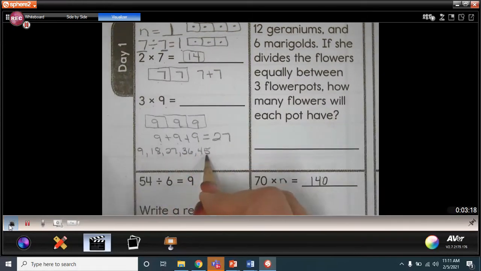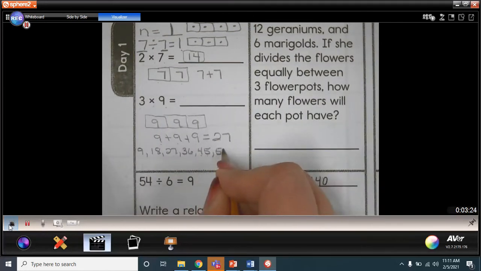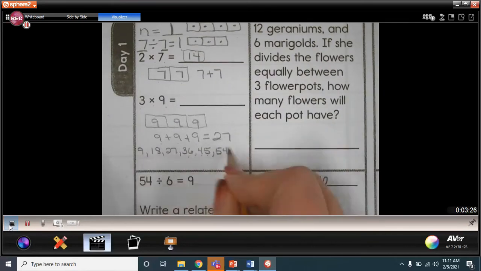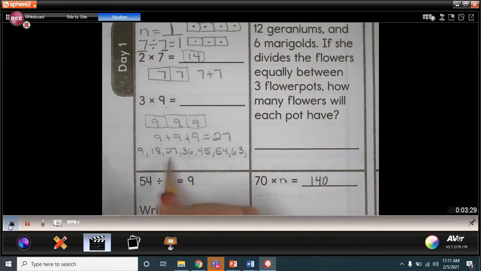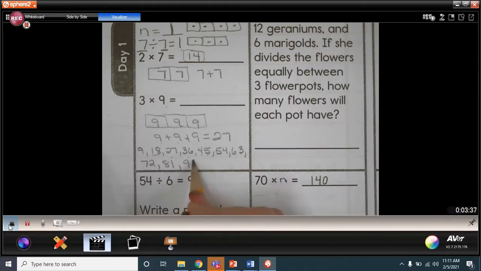Now we're going to take these 2 digits and switch the place values. 54, 63, 72, 81, and finally 90 when we get to 10 times 9. So 1 group of 9, 2 groups of 9, 3 groups of 9, 4 groups of 9, 5 groups of 9, 6 groups of 9, 7 times 9, 8 times 9, 9 times 9, and finally 10 times 9.